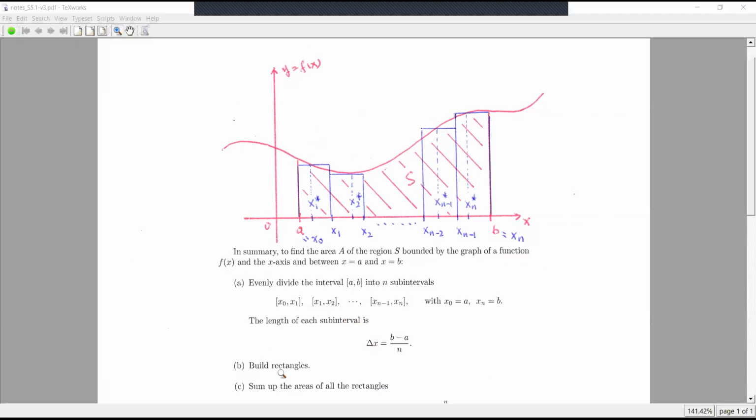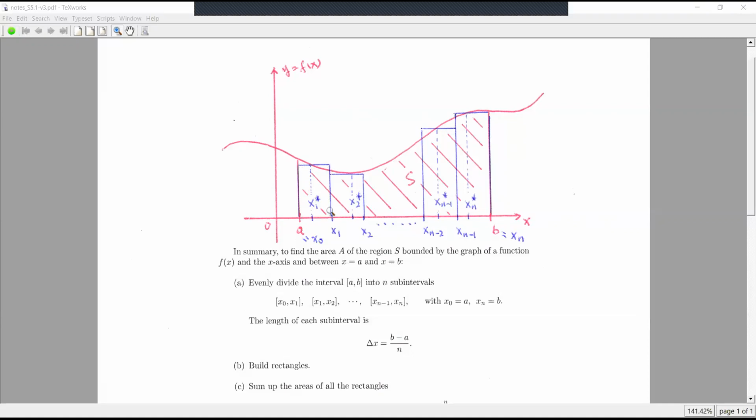To build one rectangle, we need a height for that rectangle. Let's consider the first subinterval. For the height of the rectangle, we can arbitrarily pick a point. Let me name the point x1 star and use the function value at x1 star as the height of the rectangle.